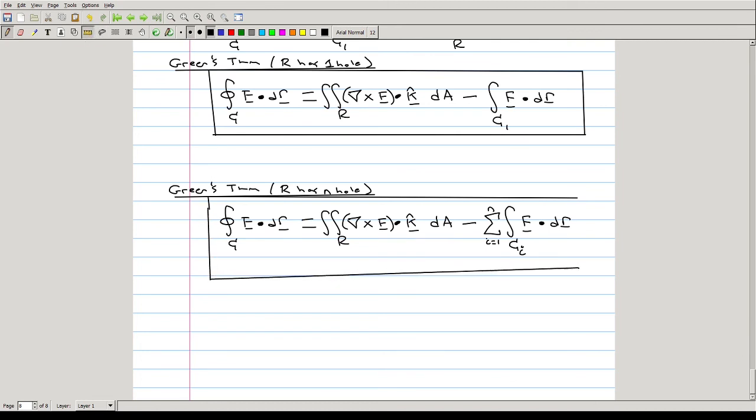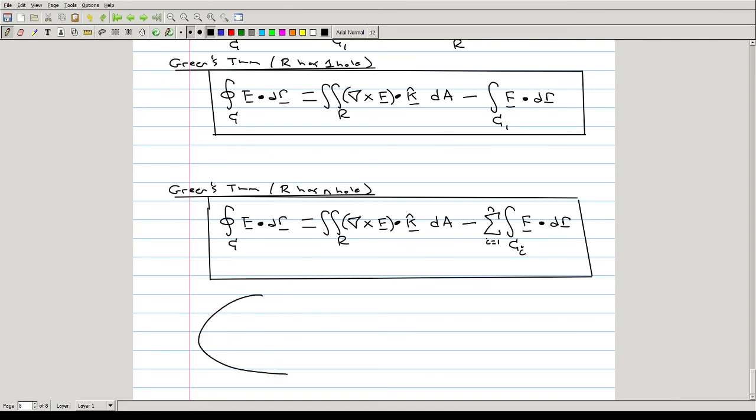And this is going to be the circulation around the larger contour. So the main boundary contour C looks like this, and then for your region here you'll have C1, say, C2, C3, and so on and so forth.